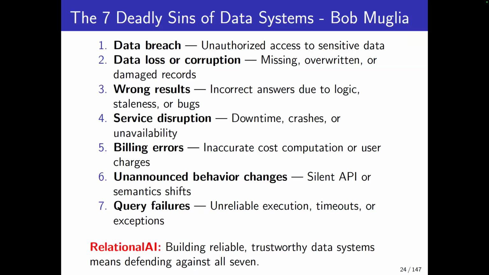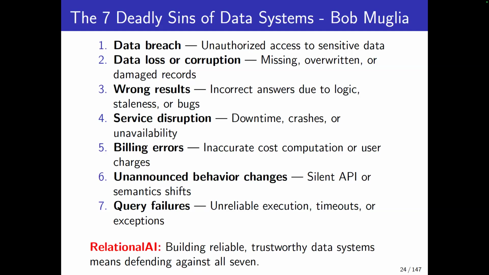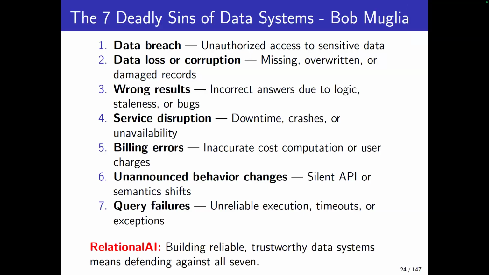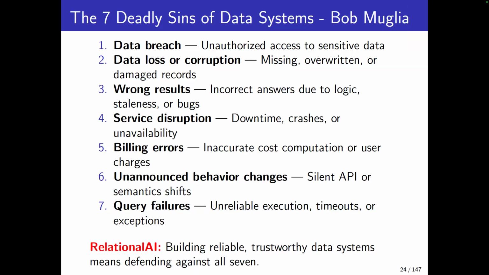These are 7 sins which I think are very nice to keep in mind when you build a data management system. You don't want to have a data breach. You don't want to have unauthorized access to sensitive data. You have data loss or corruption. This is very bad if you lose your data or it gets spoiled. If the data management system returns wrong results, that's not good. It's bad news.